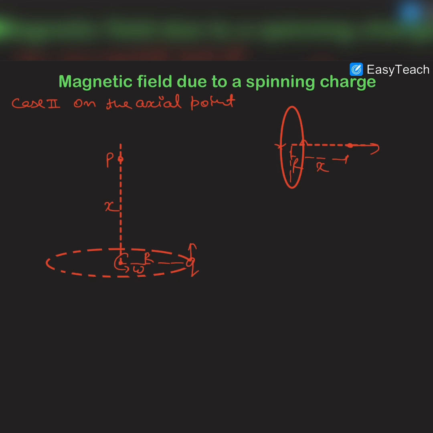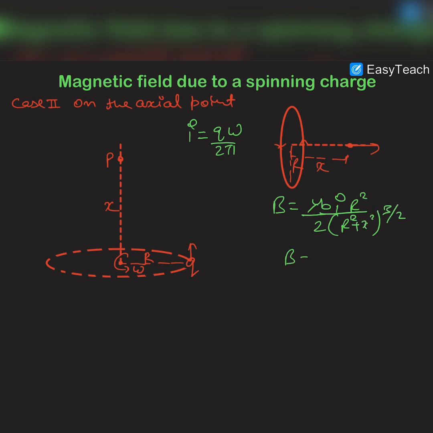If we consider the fact that I will be equal to q omega by 2 pi, where I is the average current flowing in this loop, then obviously we know that the magnetic field due to a current carrying loop on the axial point is B equals mu naught I r square upon 2 times (r square plus x square) to the power 3 by 2.